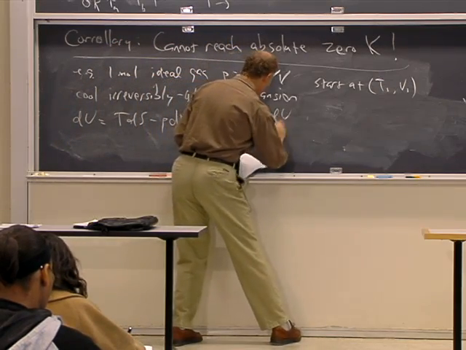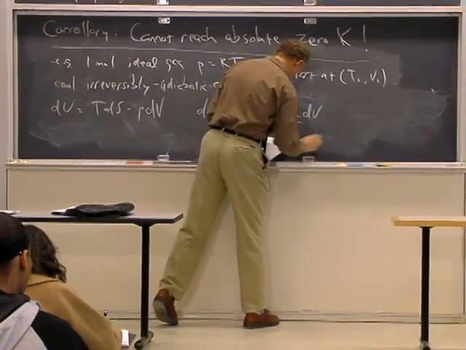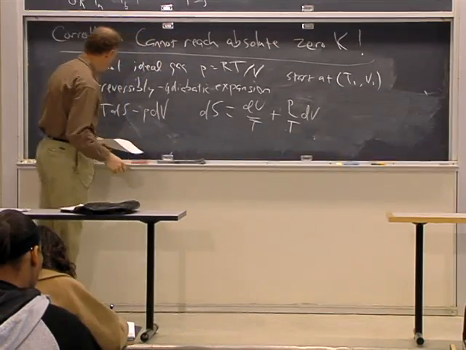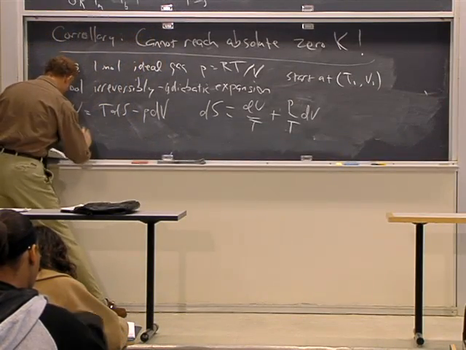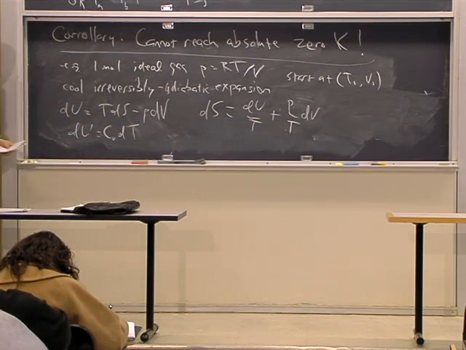ds is du over T plus P over T dV. But we can also write du is CV dt in this case, right?